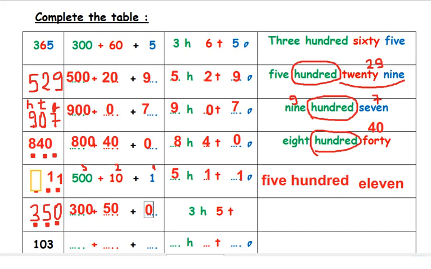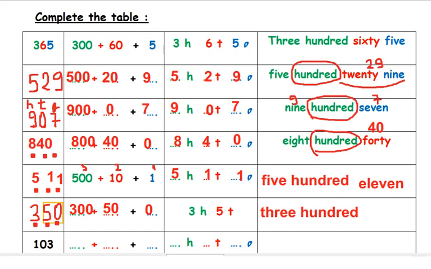Great. Now, if I want to read this number, remember I told you what? We should hide the tens and the ones first. Okay? So I hide the tens and the ones. How many hundreds do I have? 300. So I will write 300. And then when I finish, I should read the tens and the ones.